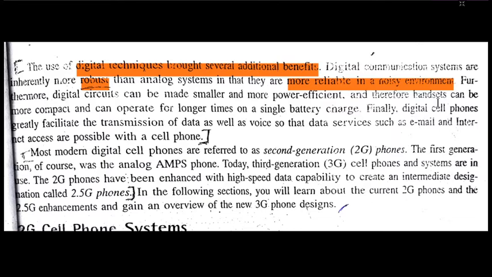There is one more advantage, that digital circuits can be made smaller, and therefore they are very power efficient, whereas analog components are power consuming, so in battery based devices, the battery life would be very much less compared to digital. So again the digital cell phone is more advantageous.